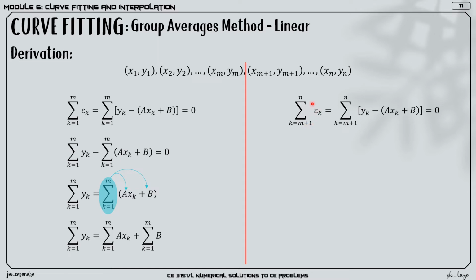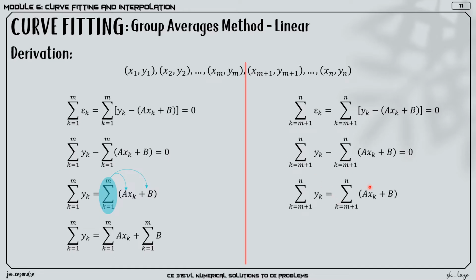So since the sum of e sub k is equal to 0, we could again simplify it as the summation of y sub k minus the summation of a x sub k plus b equal to 0. So from here, we could equate them and distribute the summation sign to our terms, taking also a similar pattern to that of the first equation, or the first half of our coordinates.